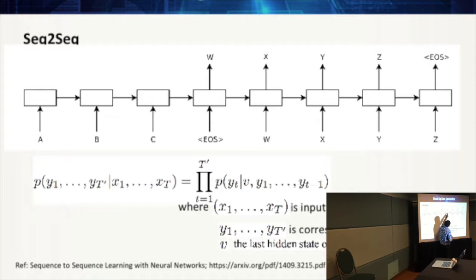Based on these two pieces of information, it makes a more accurate prediction. Earlier, when they did not input it again, it did not know what the previous output was. It only considered the hidden state, and it was not as accurate.